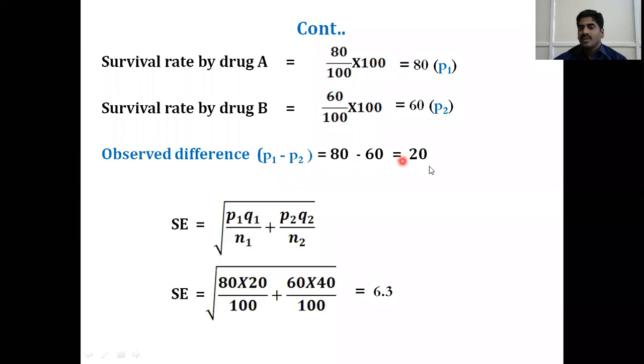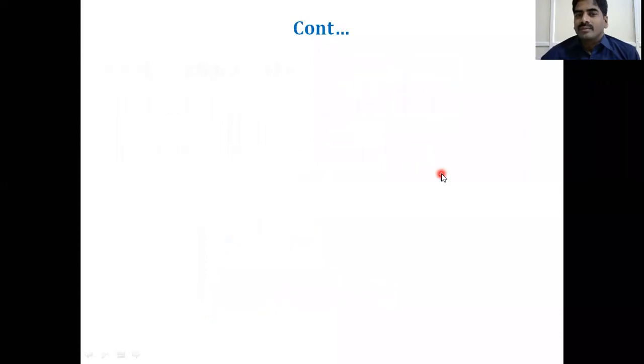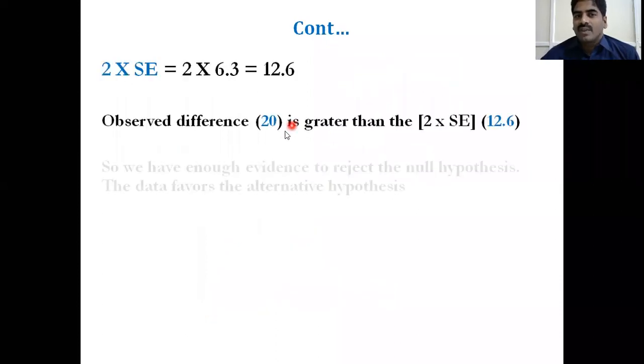P1 minus P2, that is equal to 20. Even if you take P2 minus P1, you should take the modulus value. You should not take a negative value here, only a positive value. So the observed difference is 20.